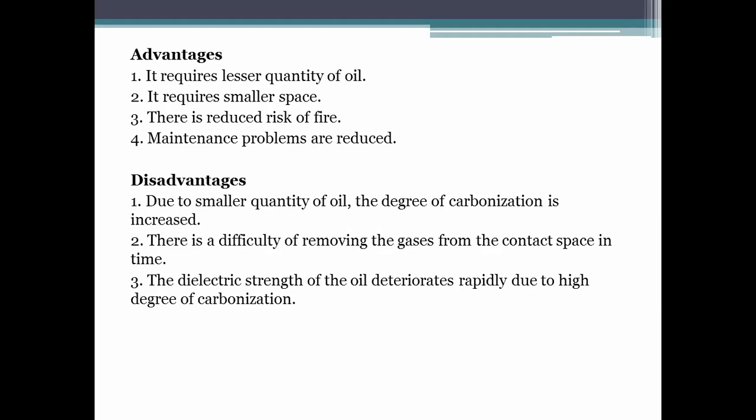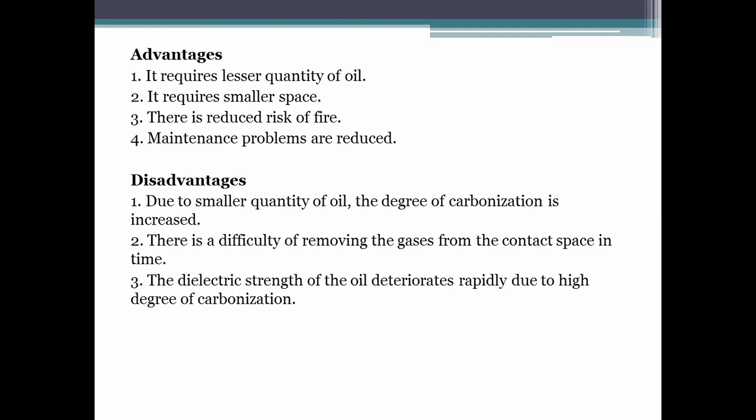There is reduced risk of fire, as the quantity of oil used is very low, only 10%, and the oil is used for insulation purpose only; we are using solid materials for providing insulation. That's why the risk of fire is also low, and maintenance problems are also reduced because we are using less quantity of oil.